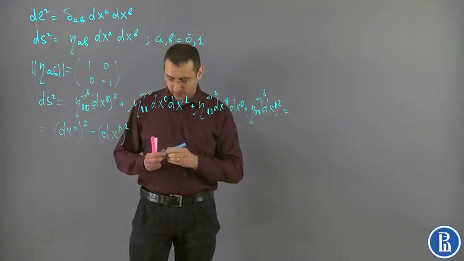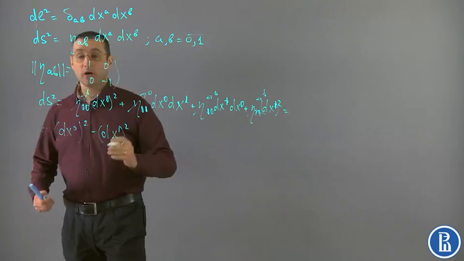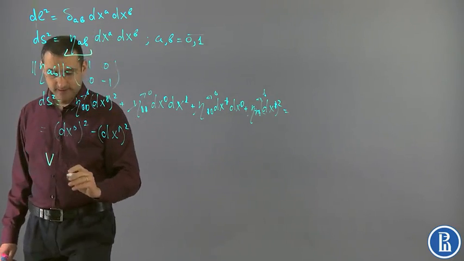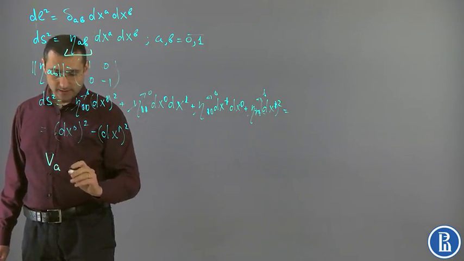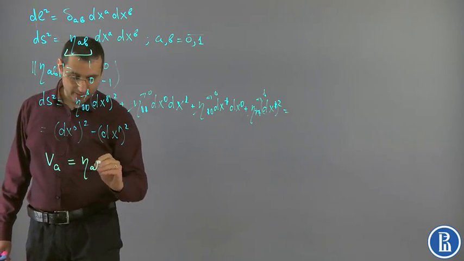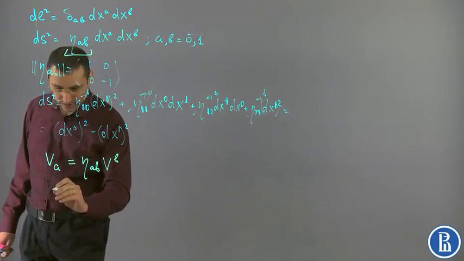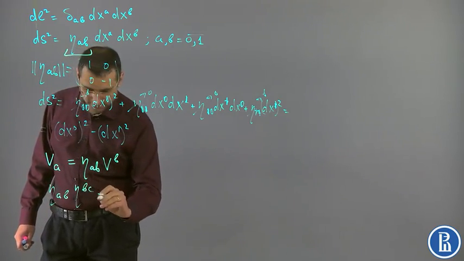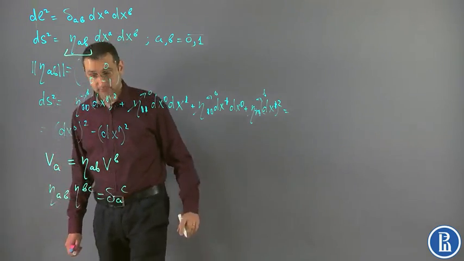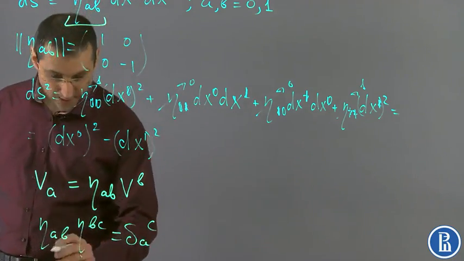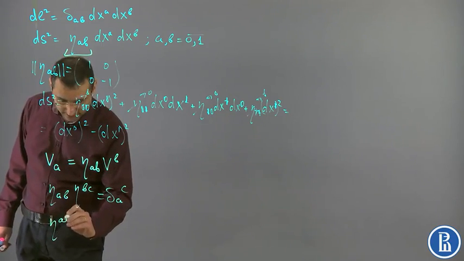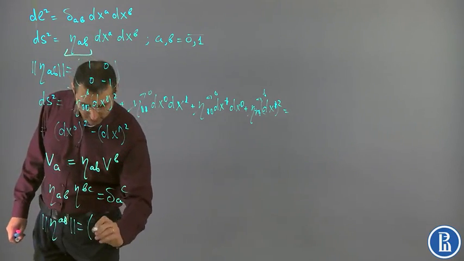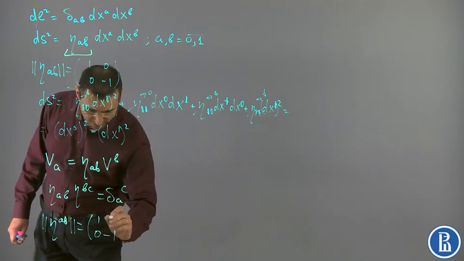So this is one difference, but another important difference is that to lower and raise an index we now use this tensor. It means that V_A is equal to η_AB V^B. And similarly, we have the inverse tensor η^BC, such that η_AB η^BC is delta_A^C. The inverse tensor, as one can easily figure out, has the following matrix: it's the same as this one, 1, 0, 0, minus 1.